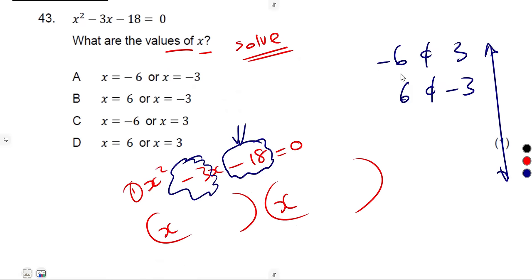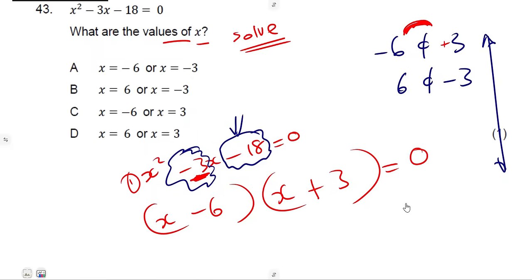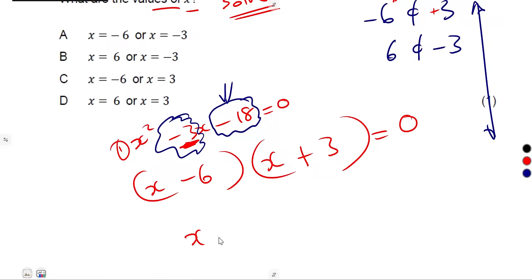Which one of these two, when we add, must give negative 3? When we add negative 6 and 3, we're going to get a negative 3. So that's (x minus 6)(x plus 3) equal to 0. Remember, it's an equation. Each bracket must be equal to 0. So therefore, x is equal to what?